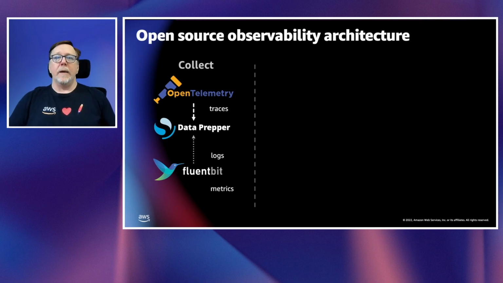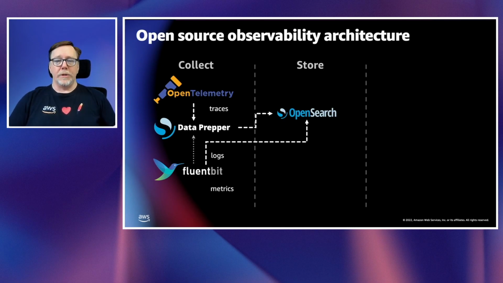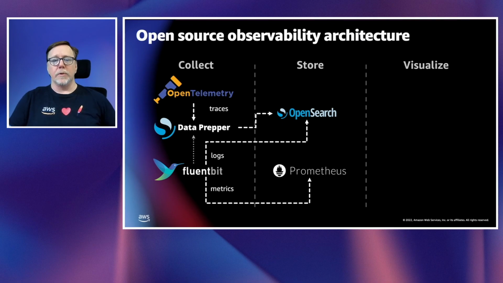FluentBit also can tail and collect log data, which is going to flow directly to OpenSearch. So we have these two pathways that come into OpenSearch, the Data Prepper pathway for traces and metrics, logs flowing from FluentBit directly to OpenSearch. We can also take metrics out to Prometheus from FluentBit for our metric evaluation.